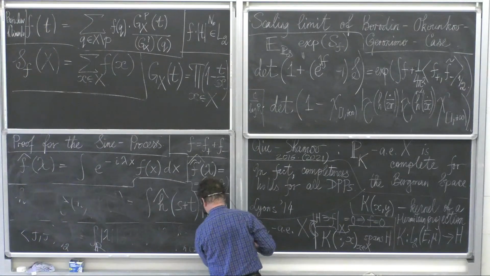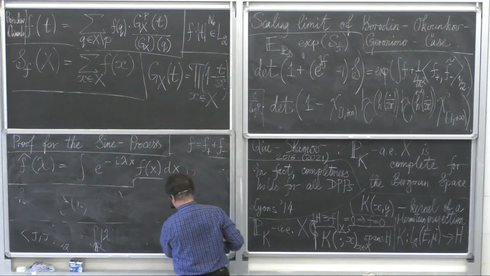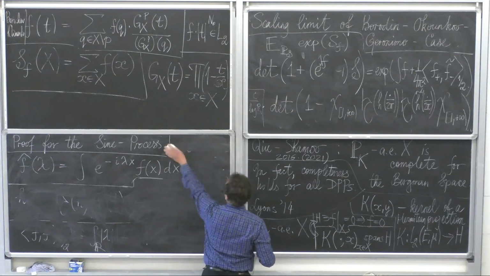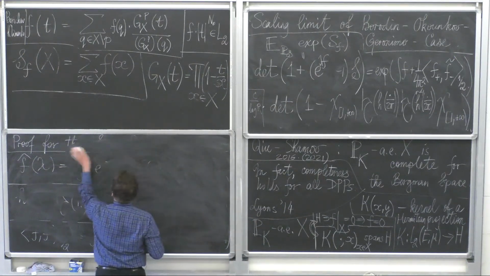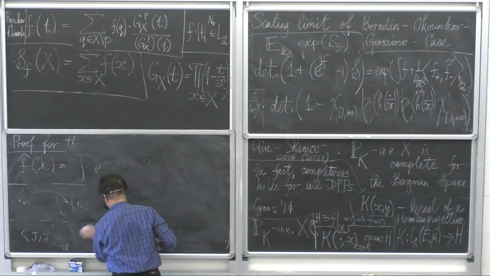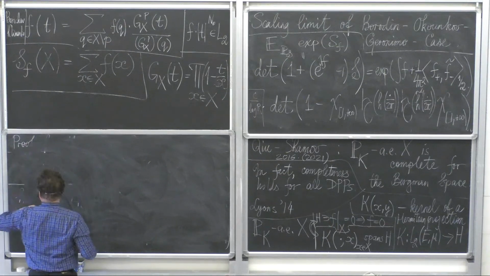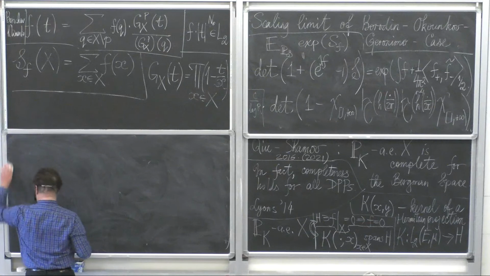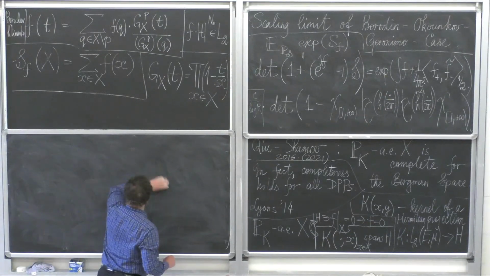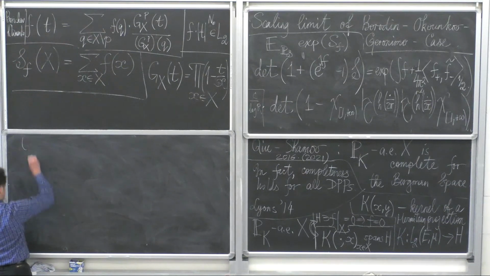So in fact, and with this I finish my talk, the sine process is quasi-invariant under the action of the group of diffeomorphisms of compact support, and just let me write this. So if I have my sine process, quasi-symmetries of the sine process.